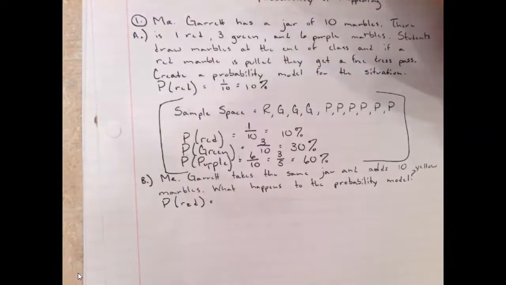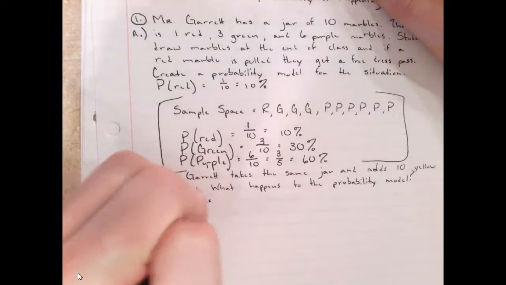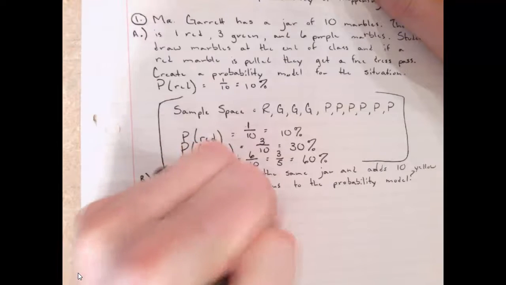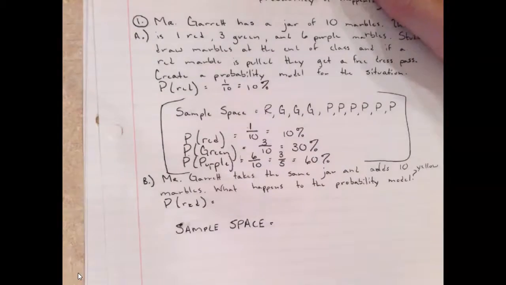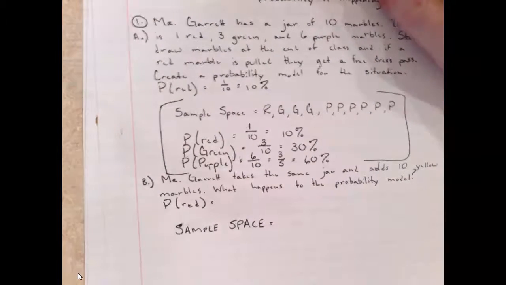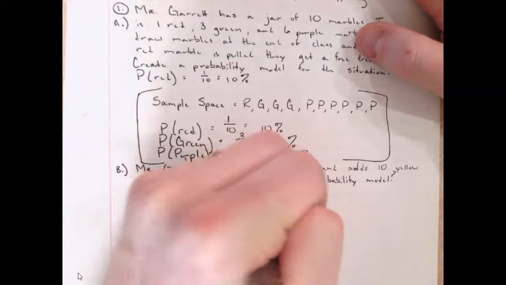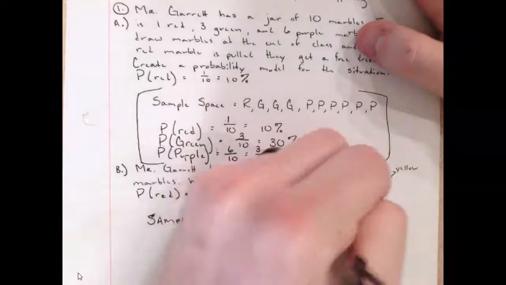Well, it's going to make it change a couple of ways. First off, my sample space. My sample space tells me all of my different outcomes from pulling marbles out of the jar. Well, I still have red, green 3 times, and purple 6 times.